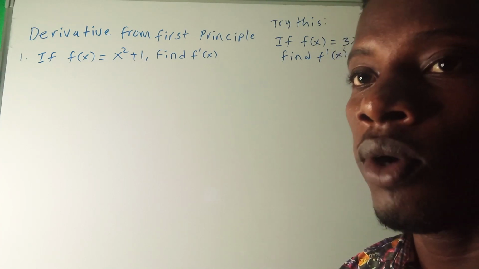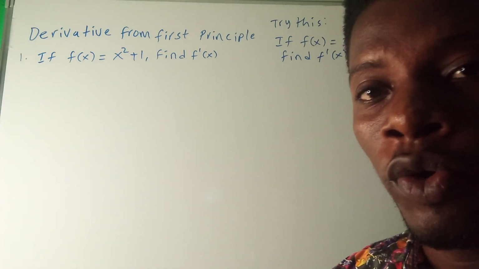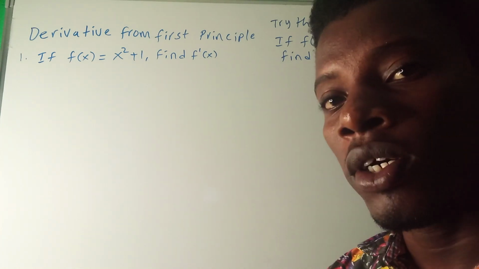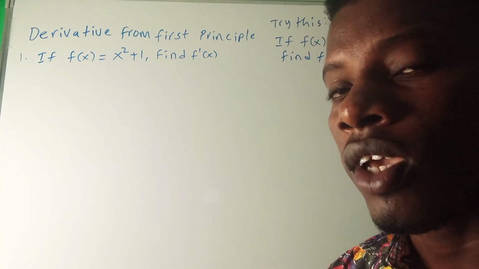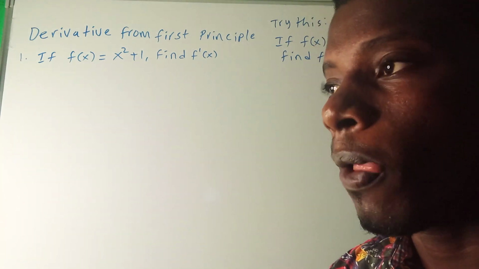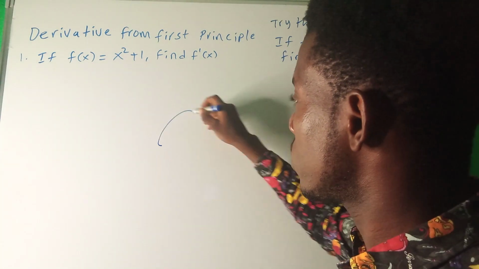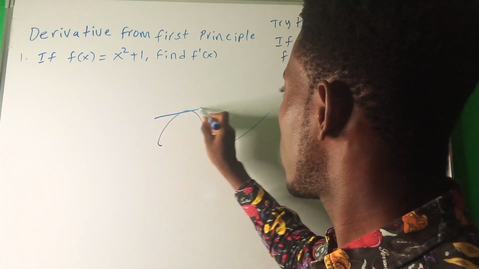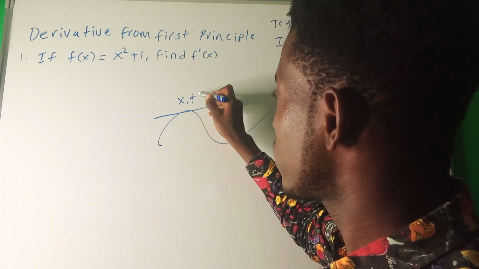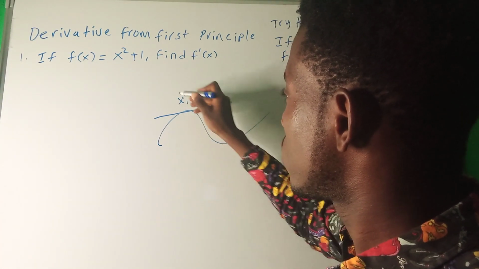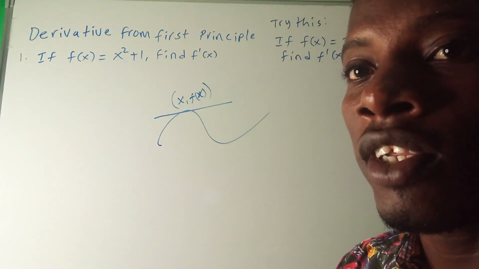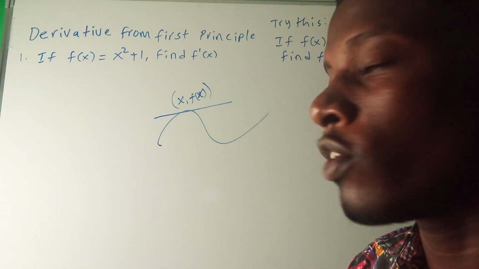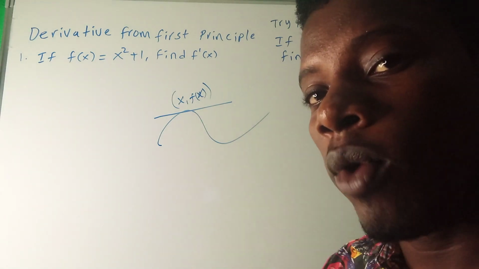Today we are going to be teaching you how to find the derivative of a function from first principle. By definition, the derivative of a function is interpreted geometrically as follows: if you have the graph of a function f of x, and you draw a tangent line at the point x comma f of x, the slope of this tangent line at this point is the derivative, defined as f prime of x.